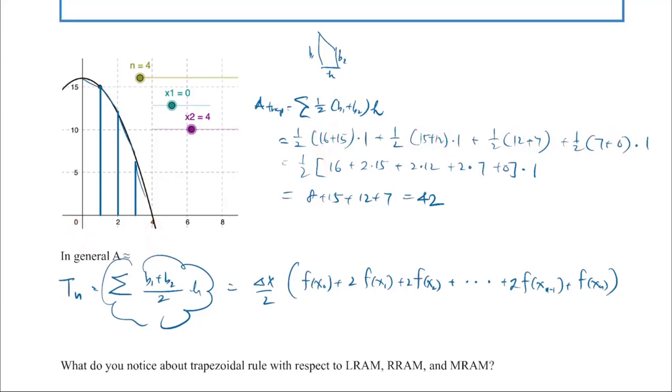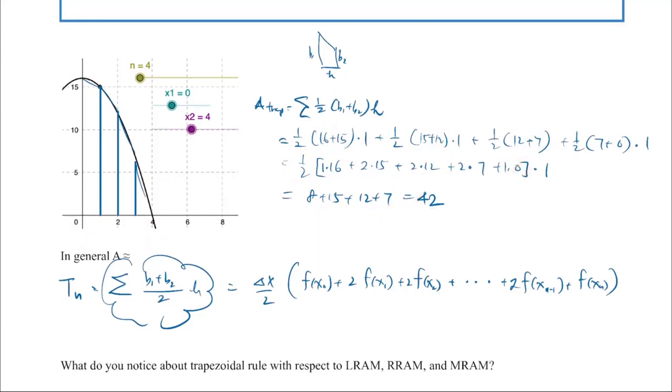So I probably should have written down 1 times that. All these values in the middle get counted twice. So you do the calculation: half of 16 is 8, half of 2 times 15 is just 15, then it's 12 and 7, and that's a 0. Add them up, you get 42, right?